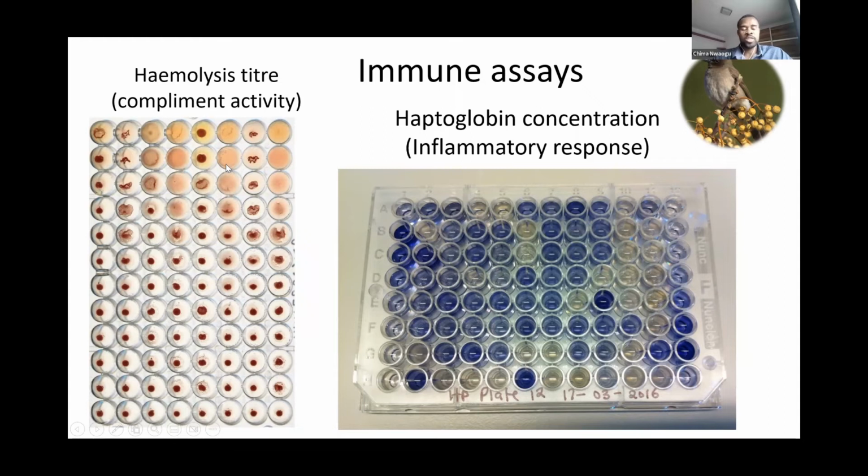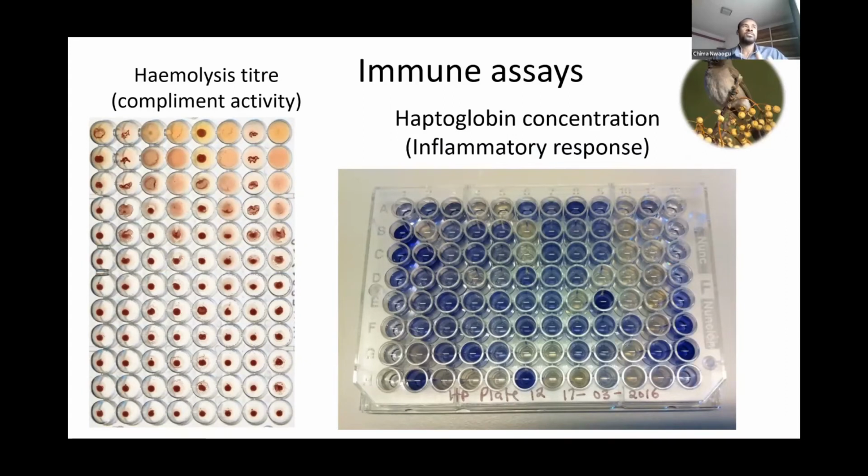Here, we take the plasma, 25 microliter, and we incubate in serial dilution with 1% rabbit red blood cell and test how much concentration of the plasma destroys the rabbit red blood cell.